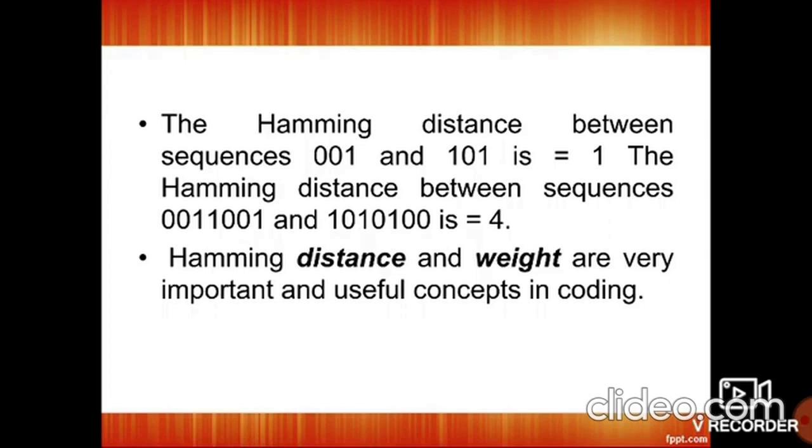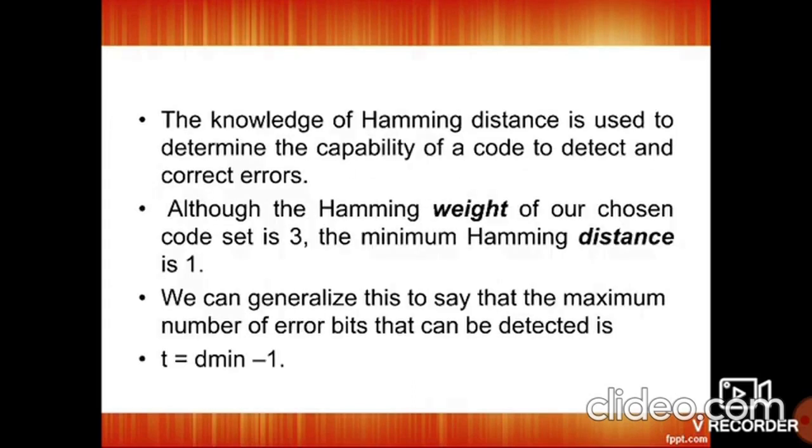The third bit is 1 in both, so there is no variation in the third bit position. So in the second and third bit positions there is no variation, and there is one variation in the first bit position. So there is only one variation, so we consider that as 1. This is called the Hamming distance.